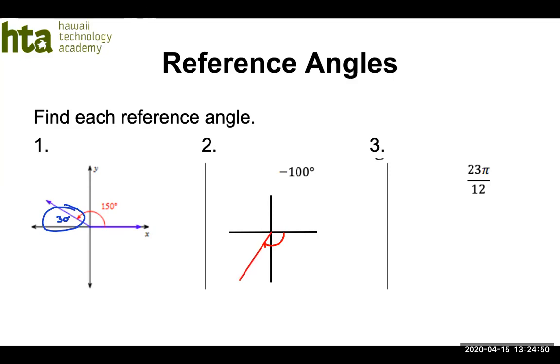So how far away are we from the closest x-axis? Well, if we're negative 100 degrees away, we have another 80 degrees left to go. And it would be negative here technically, but when we identify reference angles, we only identify them as positive. So it's a positive 80-degree reference angle, okay? Reference angles are always positive.